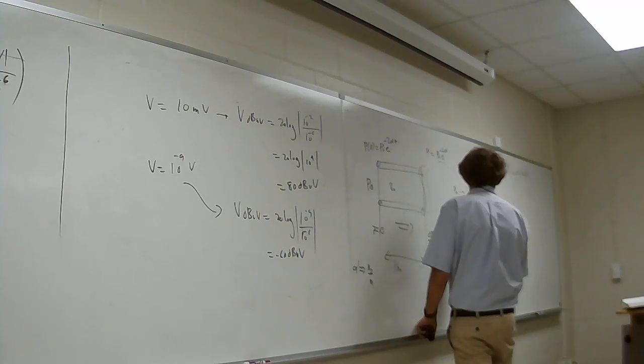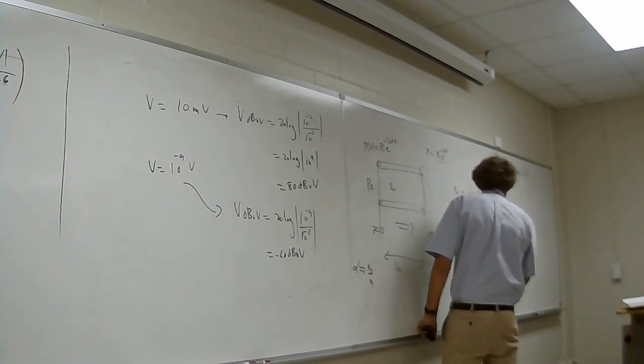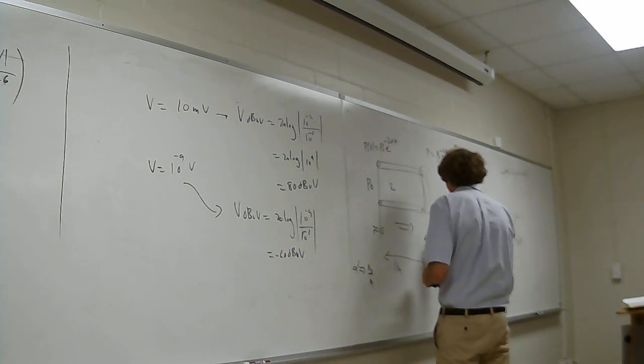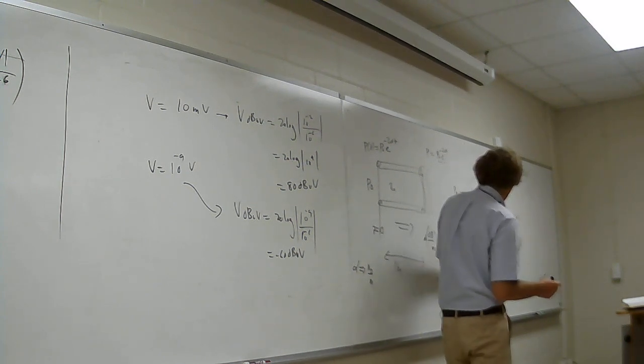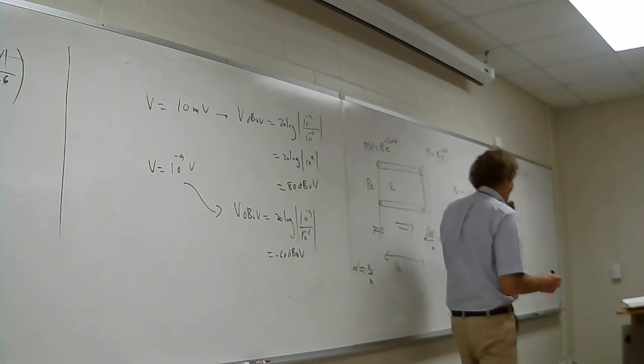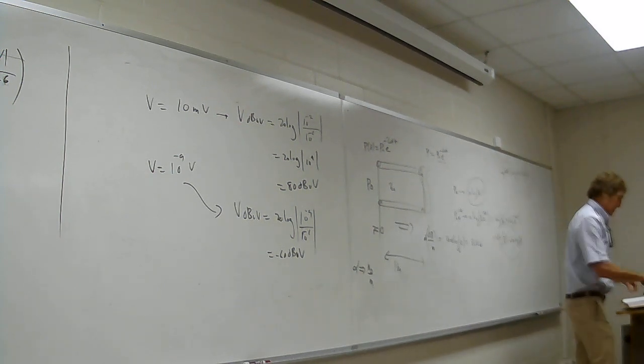Now, he'll omit the negative sign in his book. But what it really is saying, if we wanted alpha, or the attenuation in dB per meter, it's 8.686 alpha, where this alpha is in Nepers per meter. Let me tell you where it is in his book so you can look at it.